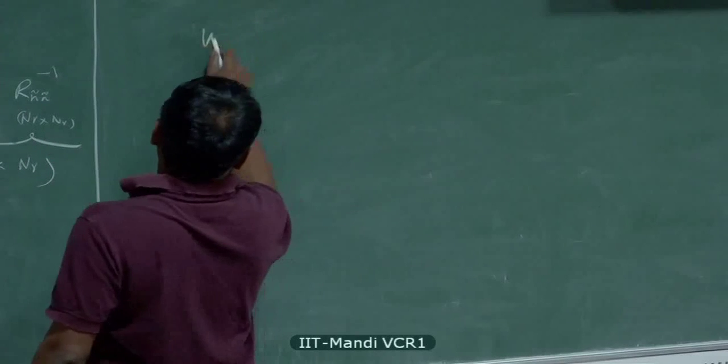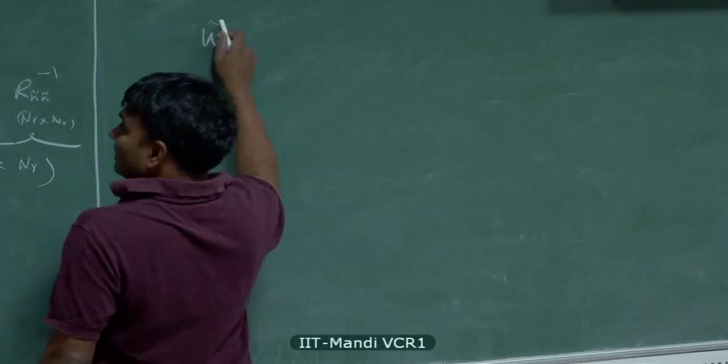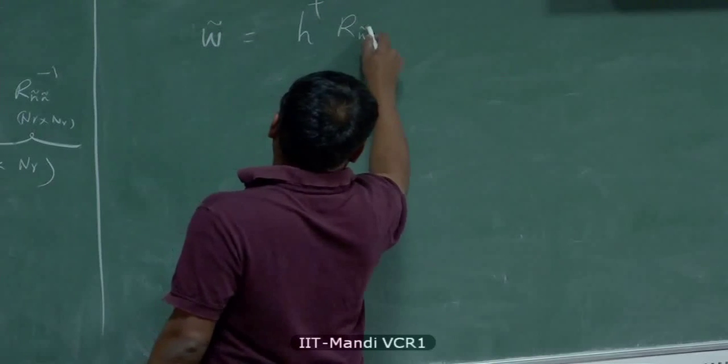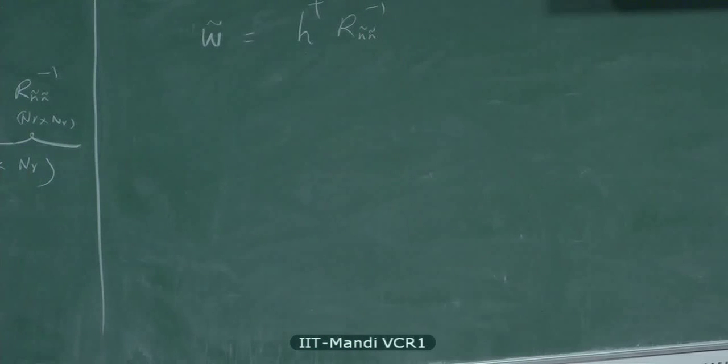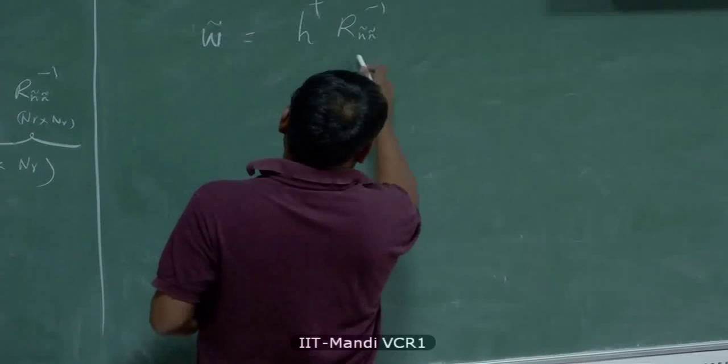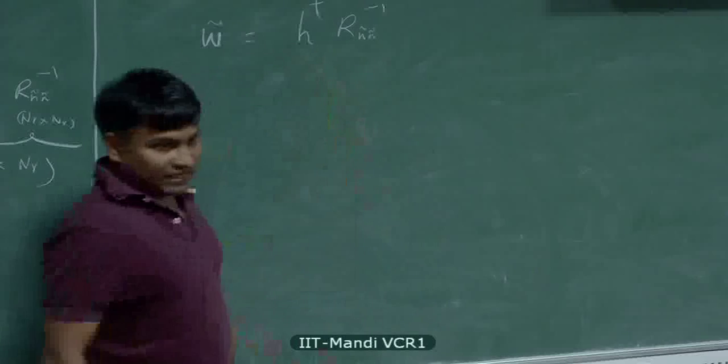So I can take W tilde as H Hermitian Rn tilde inverse. It has an interpretation. This is called a noise whitening filter and this is called a match filter.